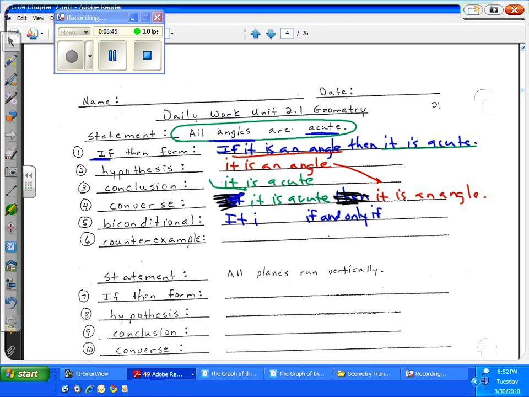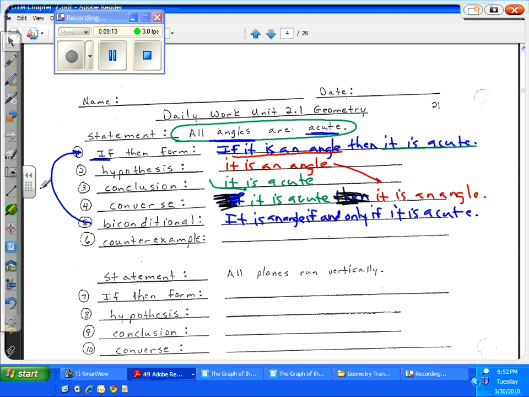So we say it is an angle if and only if it is acute. We wrote the biconditional from the original if-then form. You could have written it from the converse form.